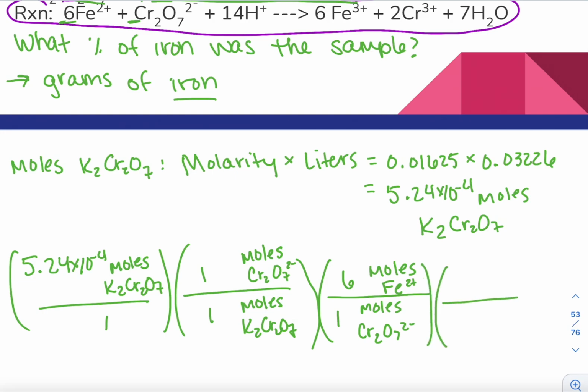And then we're going to figure out what grams that would be. So you can put Fe or Fe2+ there. Remember that electrons don't factor into the mass. Electrons' mass is negligible.